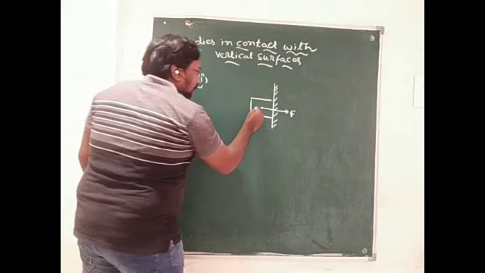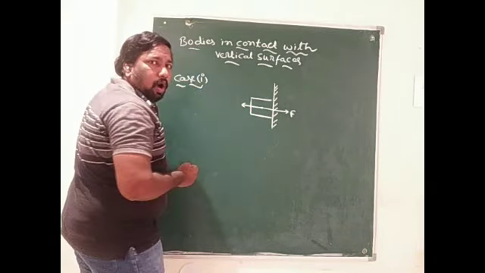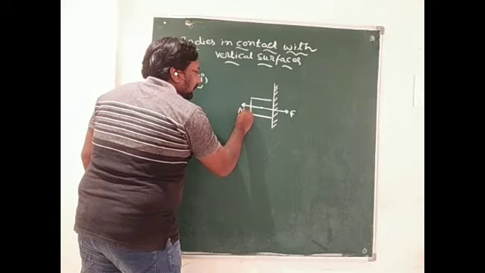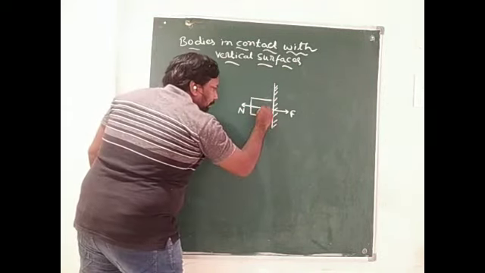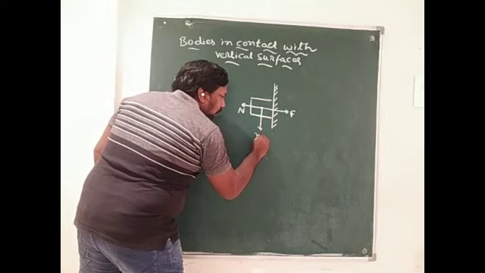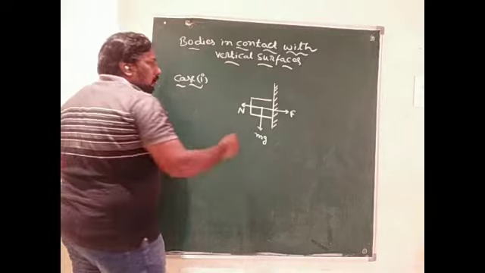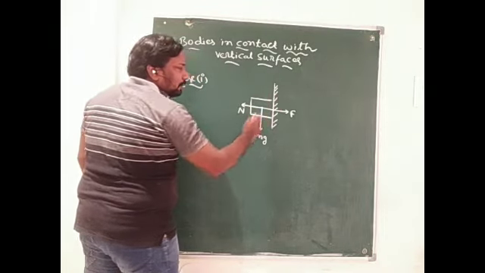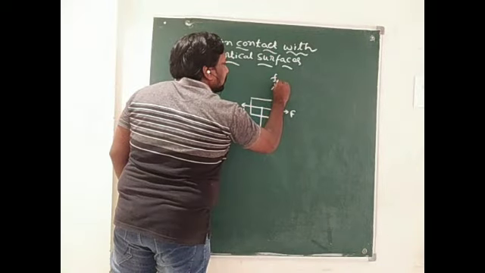So now normal reaction is acting from the wall onto the block. It's opposite to the pressing force. Now weight of the block acting vertically downwards and frictional force between the block and the vertical wall acting in the upward direction in this way.